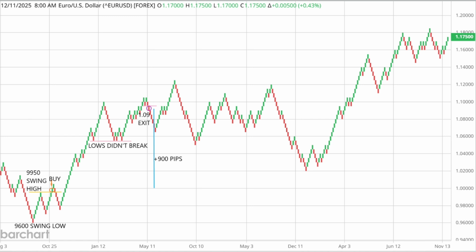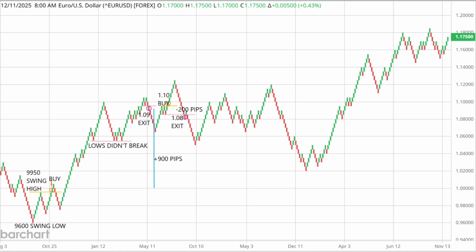Next, price forms a swing low near 1.065 and a swing high around 1.095. On July 10th, price closes at 1.1, triggering another entry. The market pushes higher to around 1.125, then reverses and closes below the swing low near 1.085 on August 24th. We exit at 1.08 for a loss of about 200 pips.